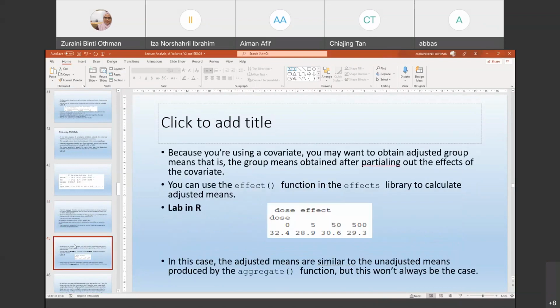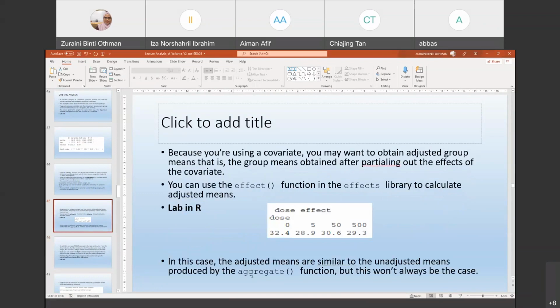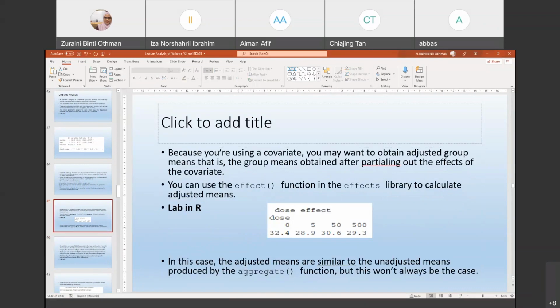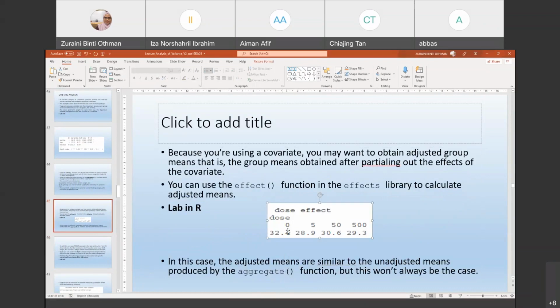And this is where we compute the effect based on each group's mean, and we want to know the one-way result for this effect. We can use the aggregate function, which we used previously to get the mean for each group to do the effect.